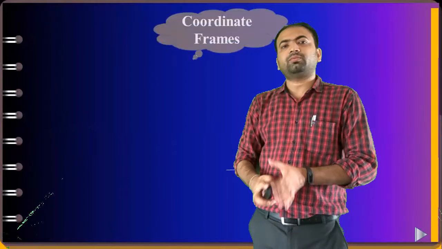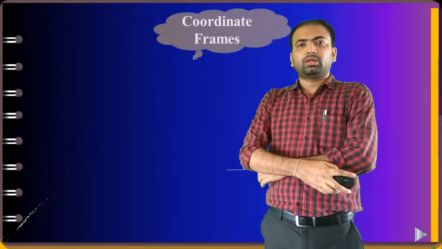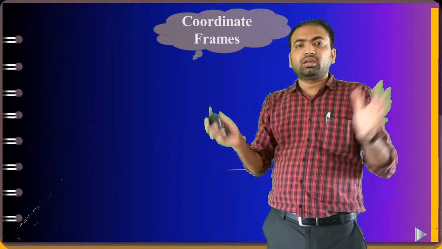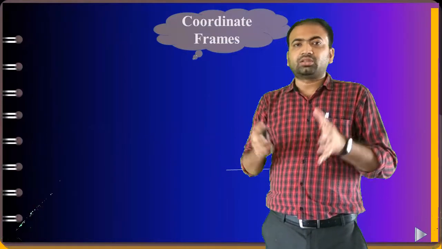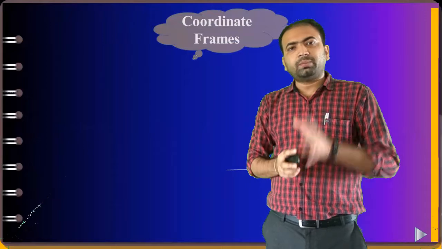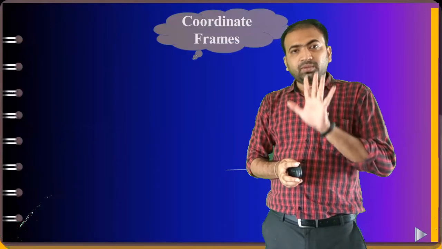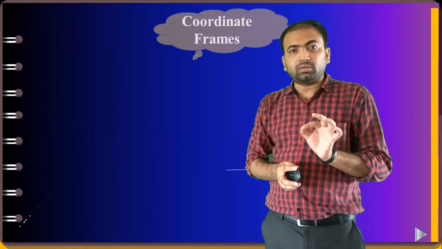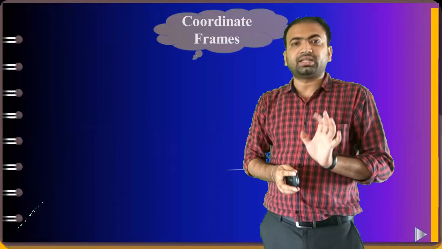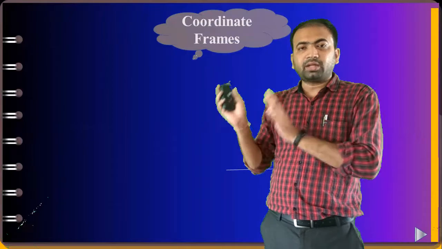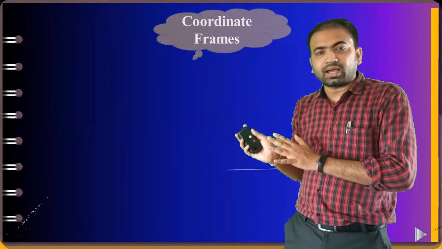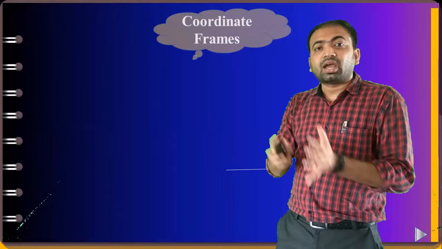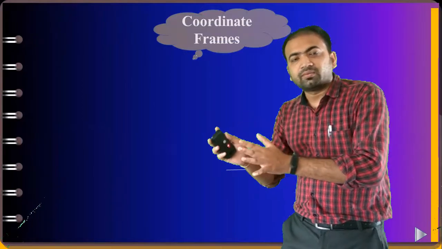What happens in the case of a coordinate frame? For example, consider a 3D space. In a 3D space, if you keep any object and want to describe the object by means of vector representation, then that will be considered as the representation with respect to a frame.